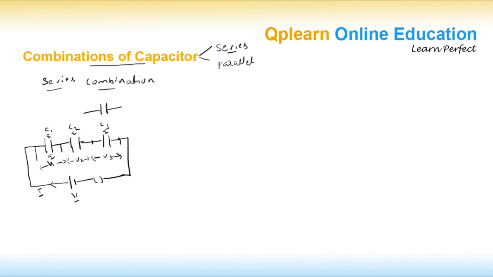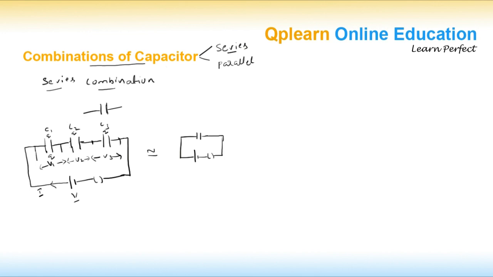That is the first thing. And second, here we have to know what the equivalent capacitance is. Equivalent capacitance means I will take one capacitor that should do the work of all three capacitors. For example, I connected 3 capacitors.